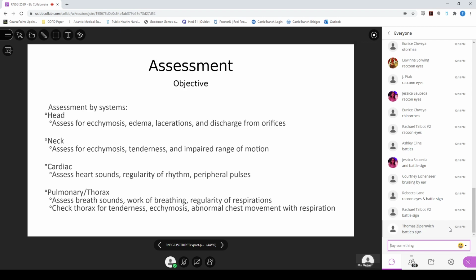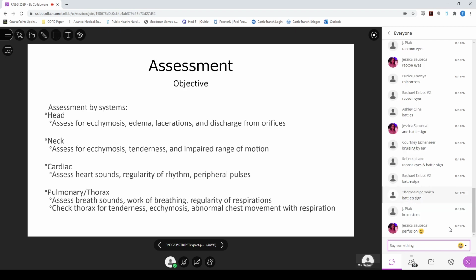For the heart, what are we assessing? We're assessing for heart sounds. Why is that rate and rhythm so important? Brainstem, yes. What else? Perfusion. What happens if they're tachy? Talked a minute ago. So think about a heart pumping out blood, right?